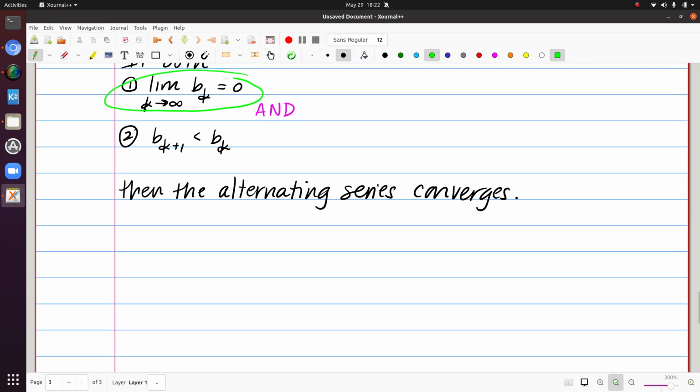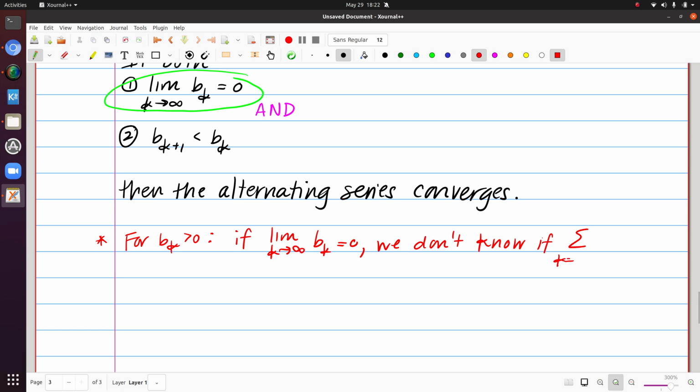So for b sub k positive, if the limit as k approaches infinity of b sub k is 0, we don't know if the sum from 1 to infinity of b sub k converges or diverges.